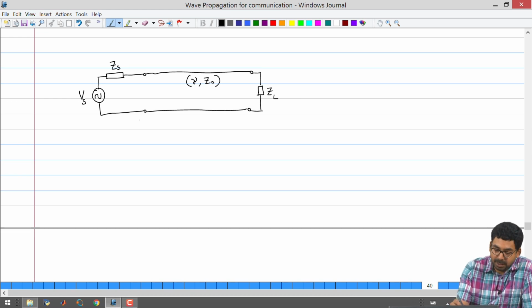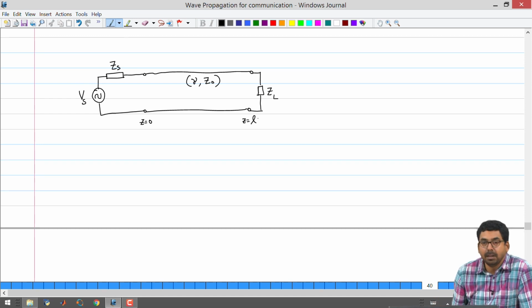So, to denote that very clearly, we take a coordinate axis, we say that z equal to 0 and z equal to L. Previously, we had taken a different coordinate system where the load side was 0 and the left side was minus L. I just wanted to show that you can also use any other coordinate system, as long as you are consistent, you will be ending up with the same result.